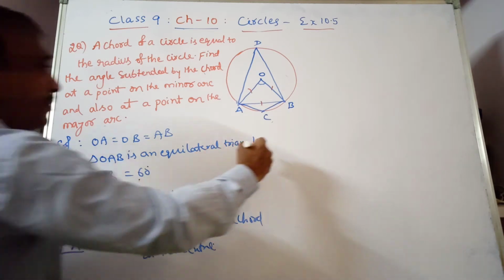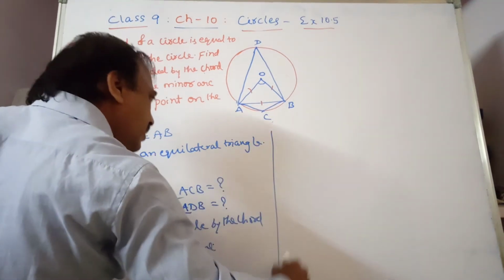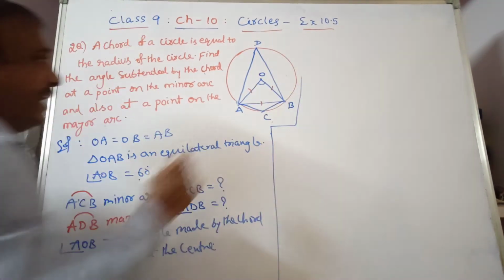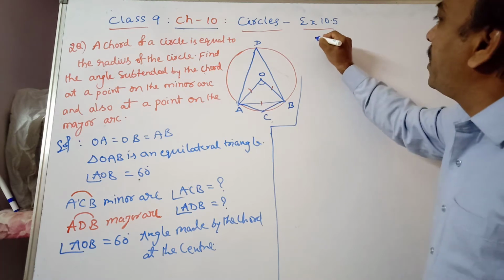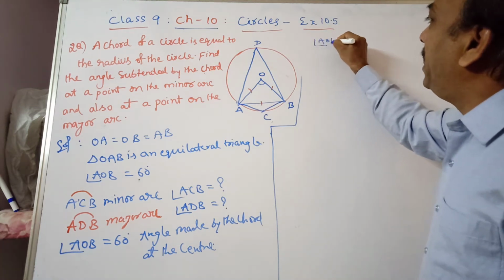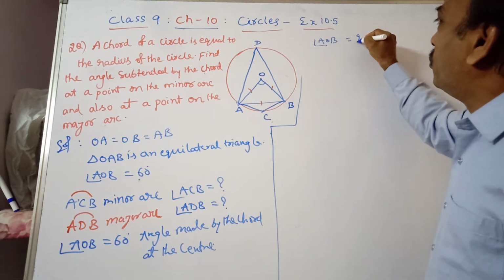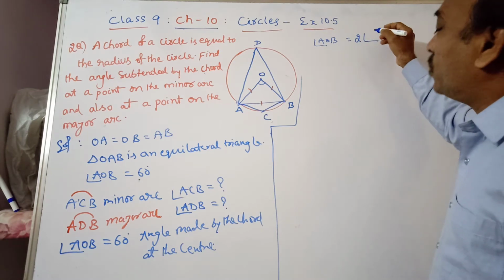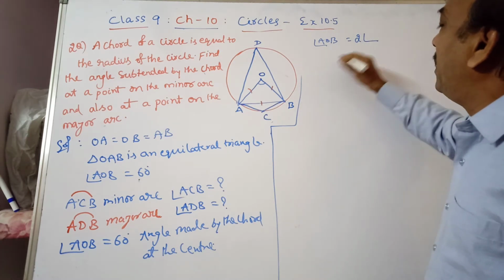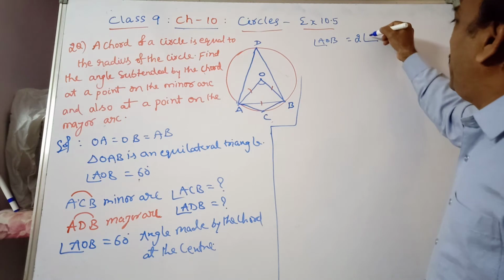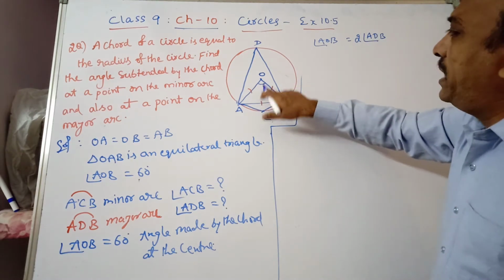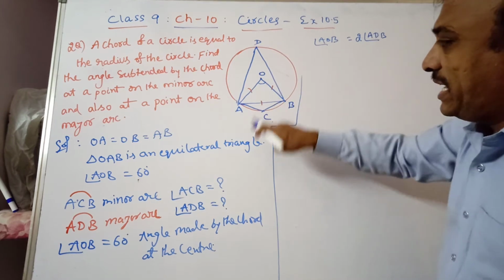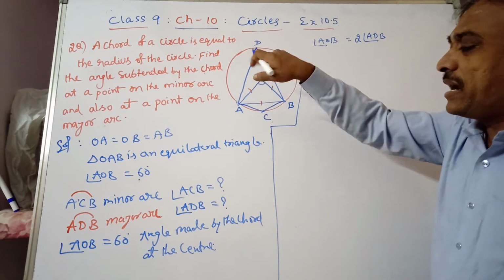So here I write, observe the board, angle AOB is equal to 2 times angle ADB, where D is a point on the major arc.